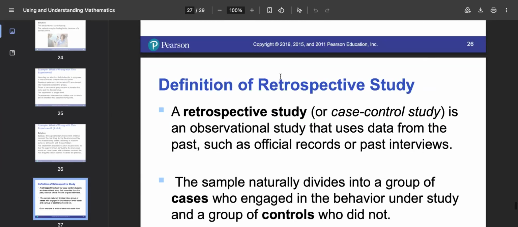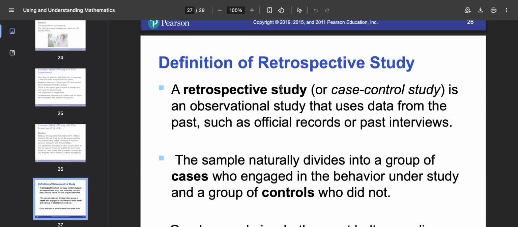So, a retrospective study is an observational study that uses data from the past, such as official records or past interviews. A lot of times we will want to know some information and we are not doing a study, but there is information already out there about whatever we are looking at.